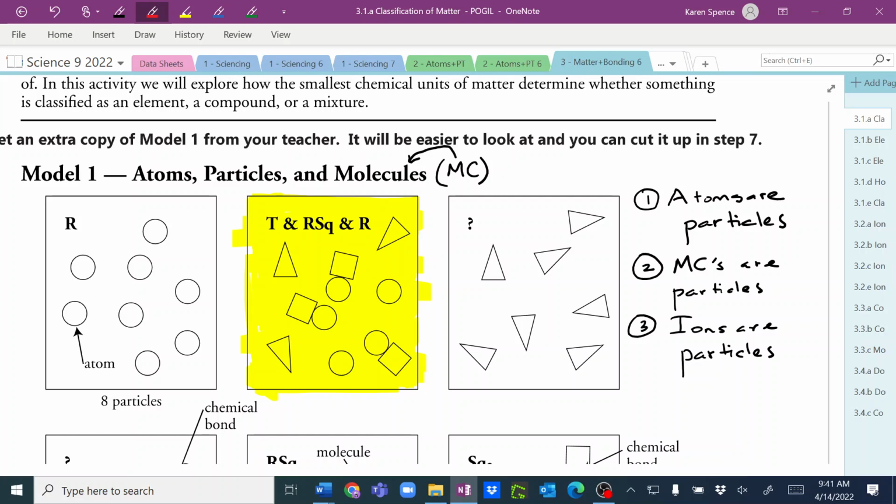If you have an atom, that's a particle. If you have a molecule, that's a particle. When we have a molecule, we don't count the individual atoms within it as particles. Okay, so how many particles are in that yellow square? Tell your partner, how many particles are in that yellow square?